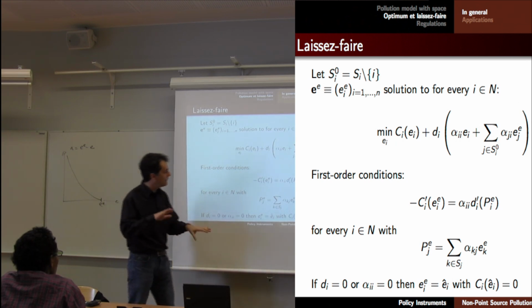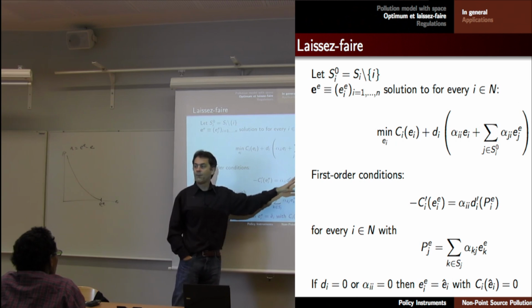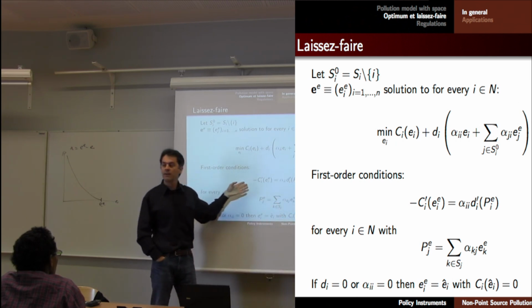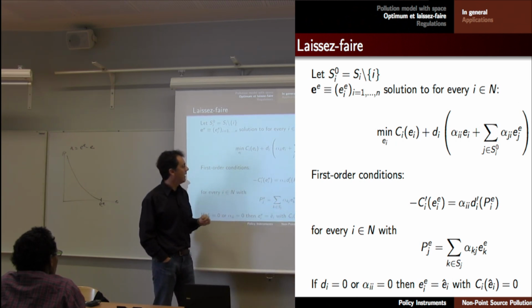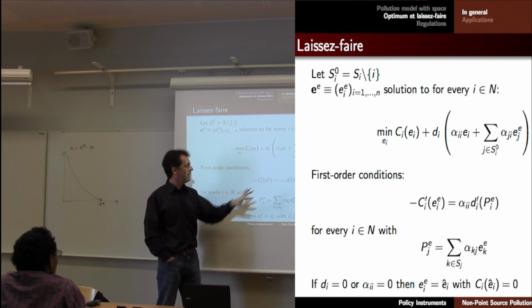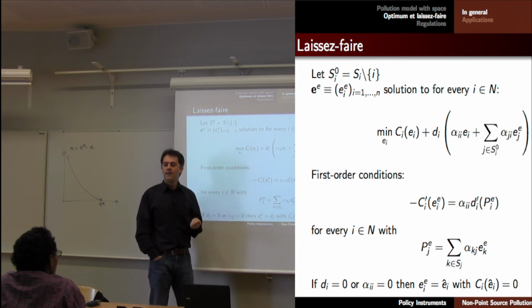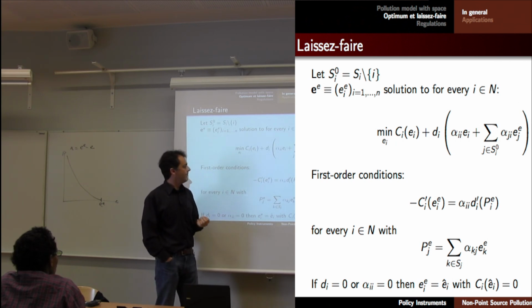So then you equalize. If the marginal abatement cost is higher than this marginal damage times the transfer coefficient, that means abatement is more costly than the benefit, and therefore it's not optimal. In the reverse, if the marginal damage is higher than the abatement cost, you should abate more because abating is cheaper than the benefit you get.